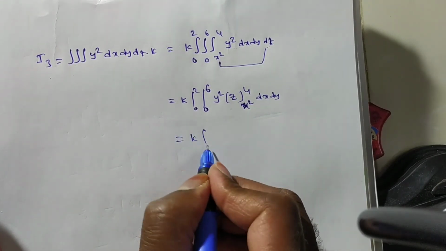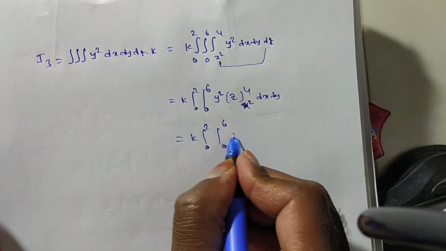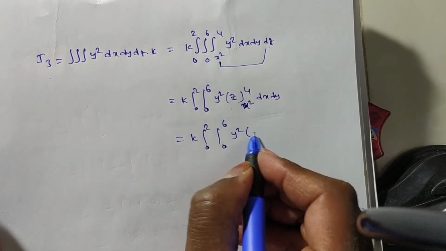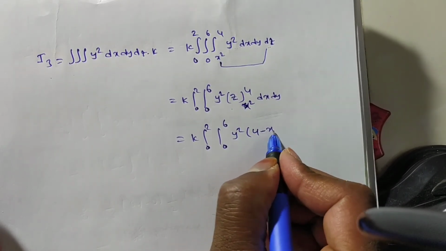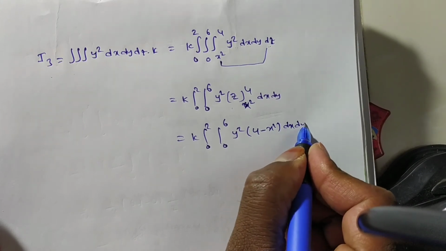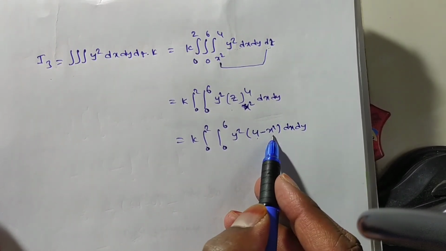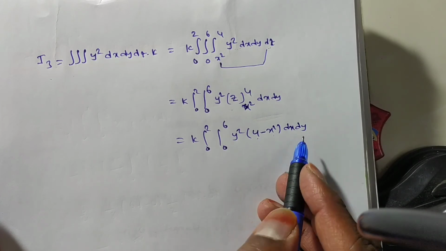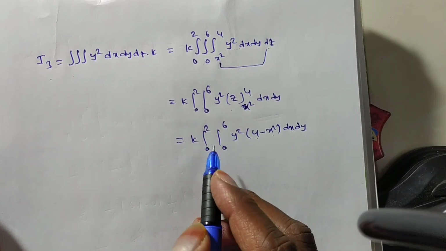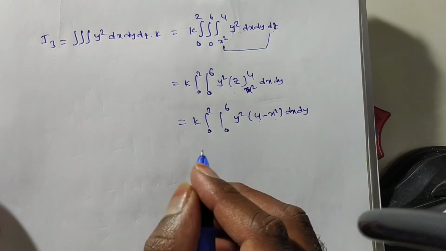Then k times the integral, y squared times the upper limit 4 minus the lower limit x squared, dx dy. The limits are independent, so we can integrate in any order.